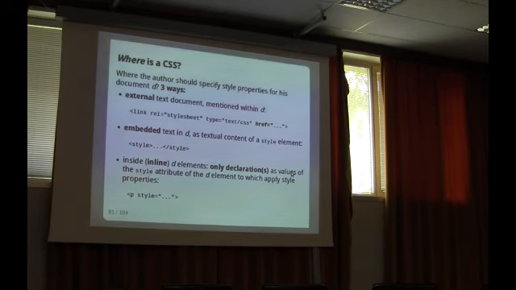The first one is specifying that a given CSS document should be used for setting style properties when representing a given web document, and this can be done using the link element inside the HTML document. The link element has one attribute, href, whose value is the location of the CSS document.